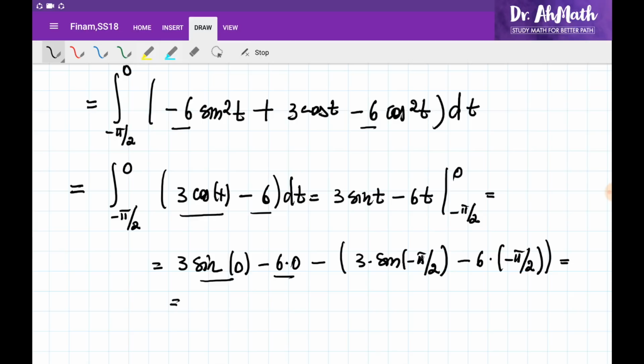Sine of minus pi over 2 is going to be minus 1. So with this minus, it's going to be plus, which is simply 3 here. And with the minus 6 times minus pi over 2, it's going to be again minus 3 pi. So this is the value of the line integration in a vector field.